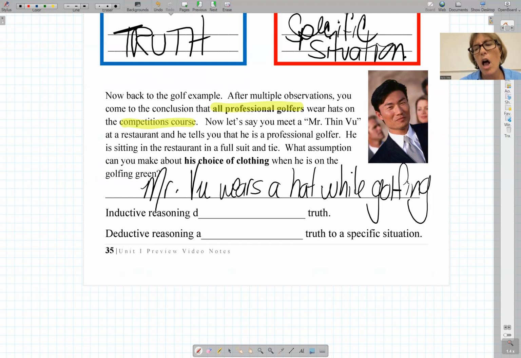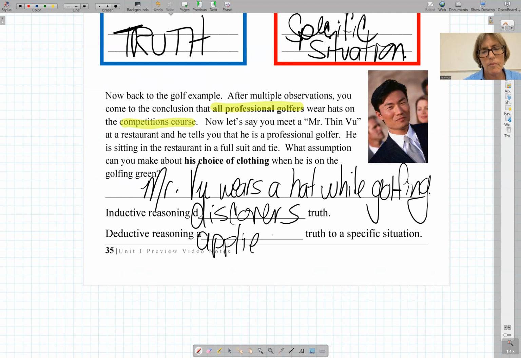This is an example of deductive reasoning. Inductive reasoning discovers truth. Deductive reasoning applies truth to a specific situation.